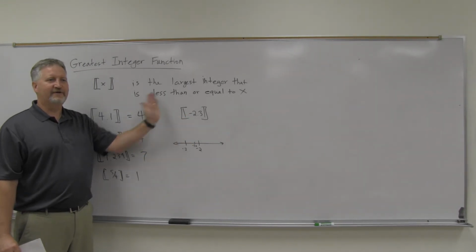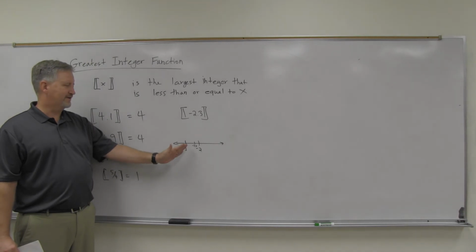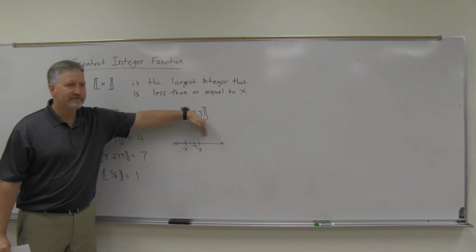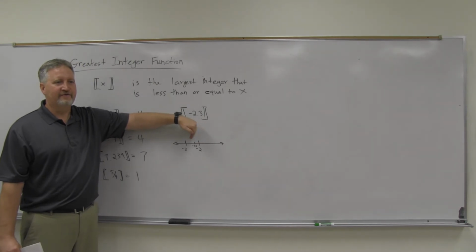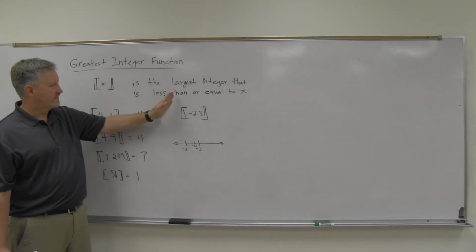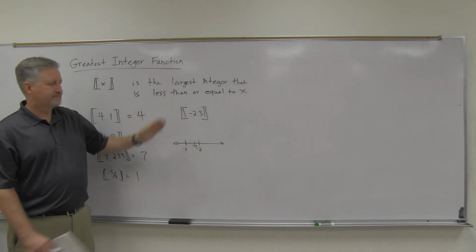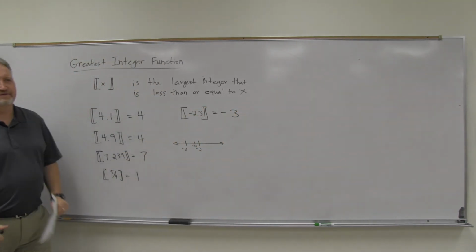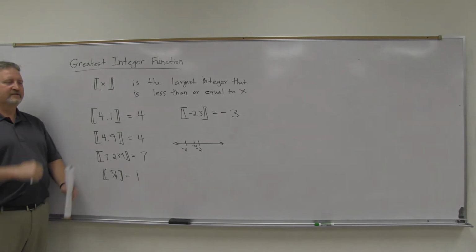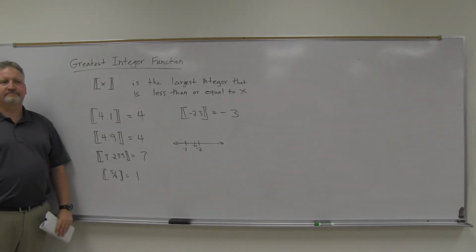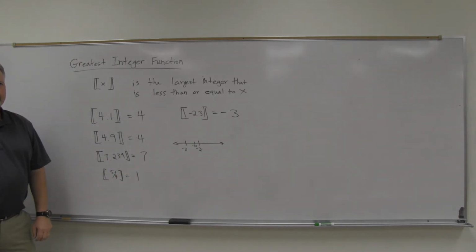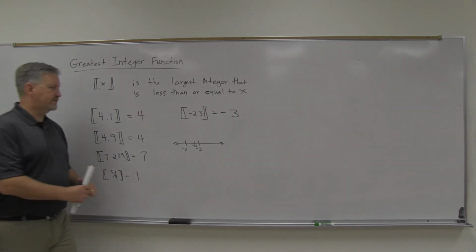So for negative 2.3, the greatest integer is negative 3 because that's the one that's less than. You can't go greater than your number. You want less than. So that's negative 3. The negatives, they're a little trickier there. It's still the same thing, but it's not just chopping off the decimal in that case. With me?